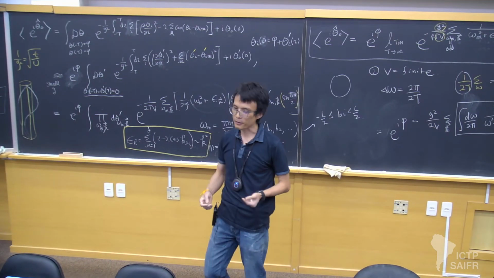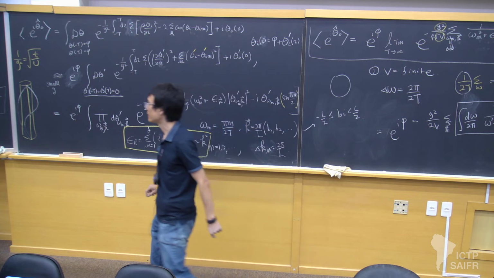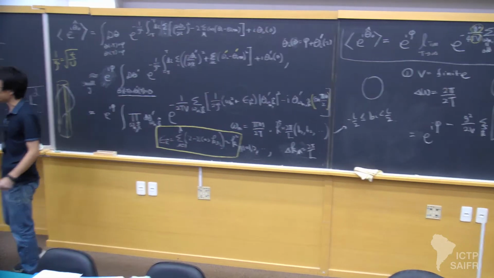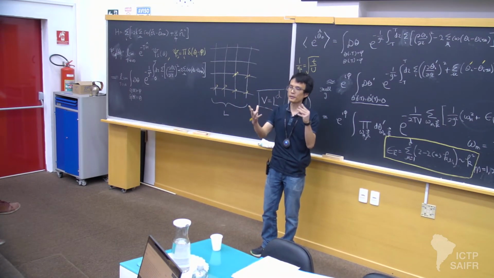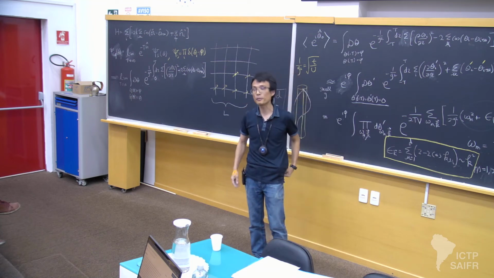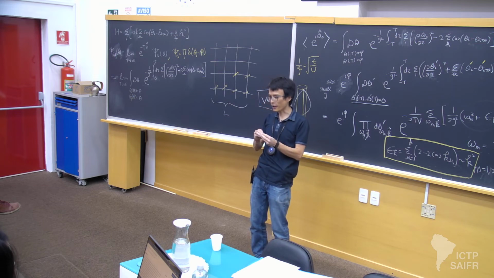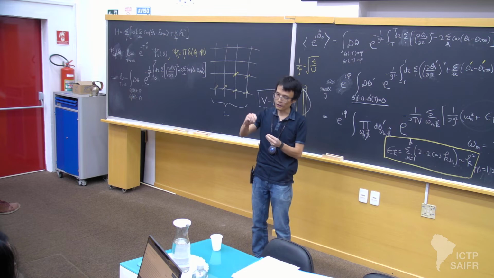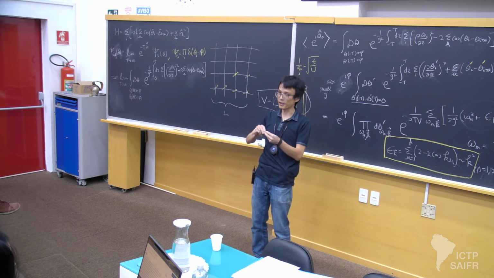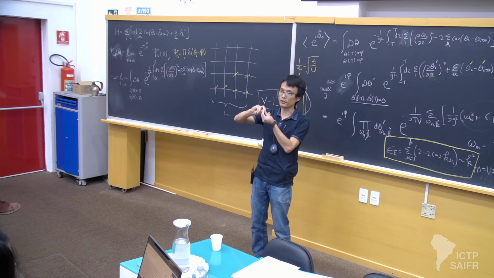Artificially, you may be able to create links so that you can create, say, a hypercubic geometry. That's actually interesting. There are experimentalists whose atoms are sitting in 3 dimensions, but they engineer long-range interactions such that this atom is coupled to that atom as if they are close to each other.